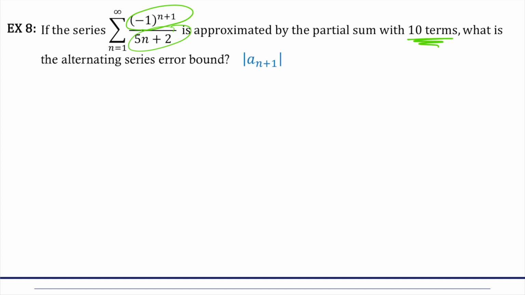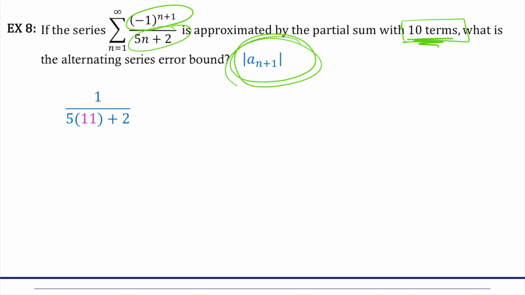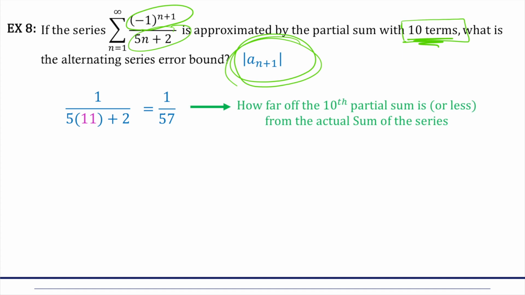It's all about the next term. So if we have 10 terms, we need the 11th term. So 1 over 5 times 11 plus 2 is 1 over 57. That's how far off the 10th partial sum is, or less, from the actual sum of the series. We won't be more than 1 over 57 off.